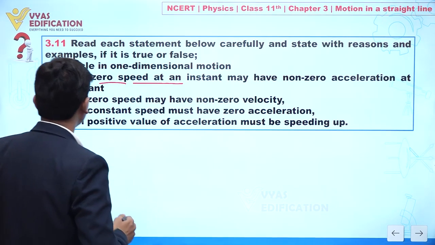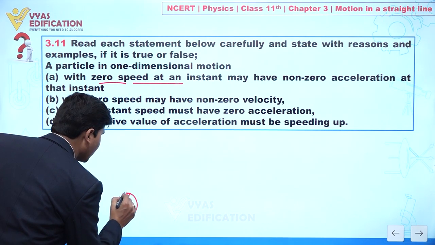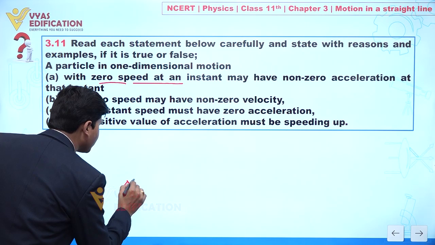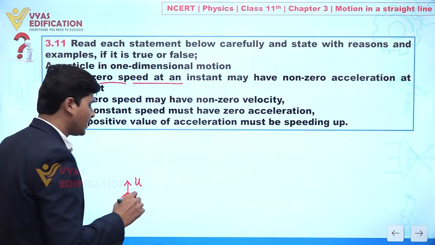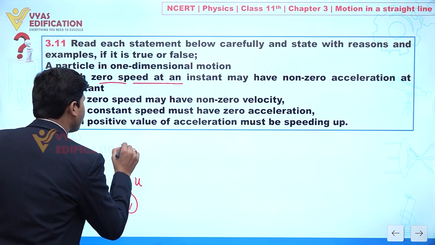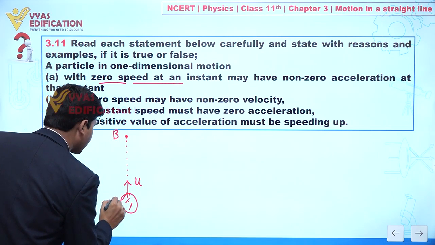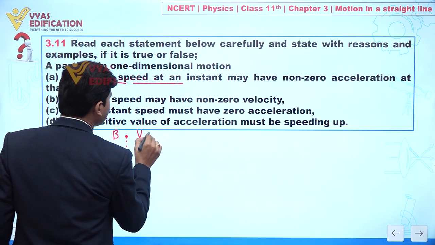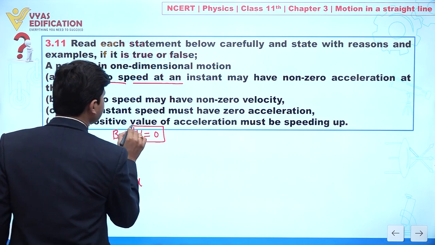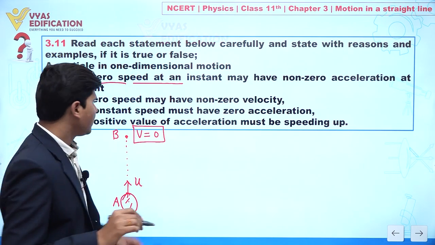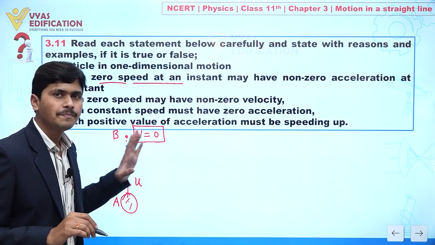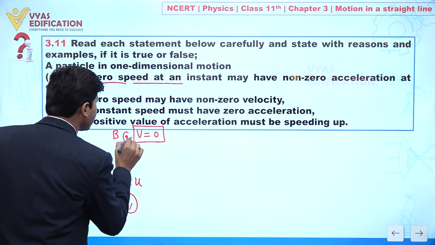Clear? So let's suppose the ball is moving with a certain initial velocity u in an upward direction. Let's suppose it reaches up to the maximum height, this is b, and this is a, and at b the final velocity is 0. But what about acceleration?